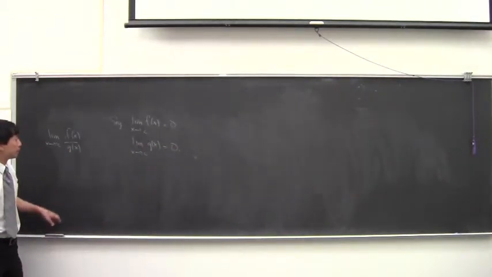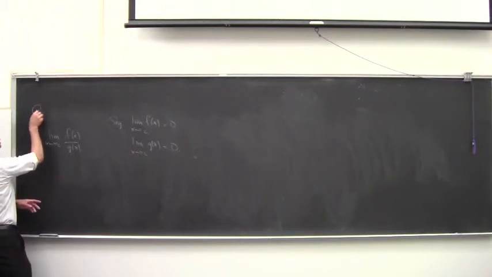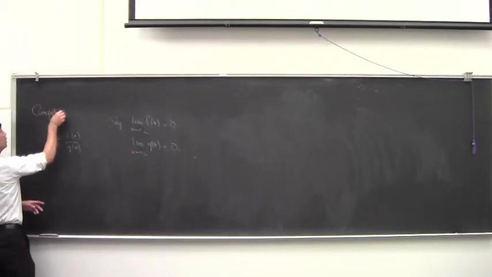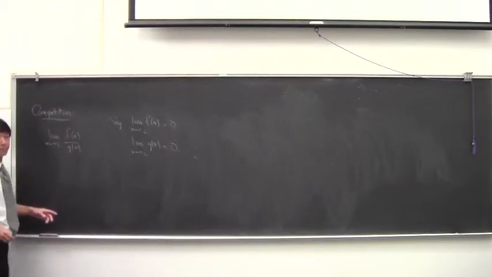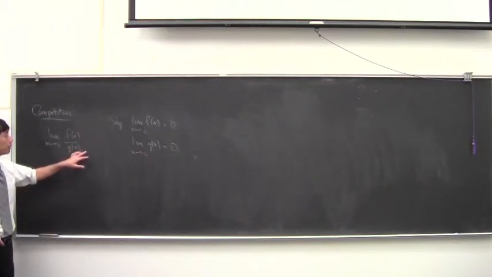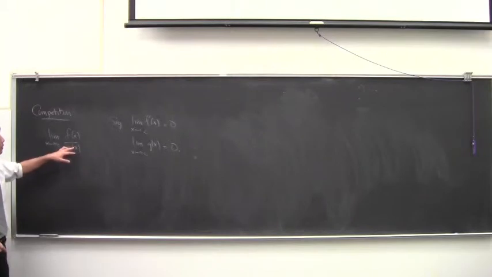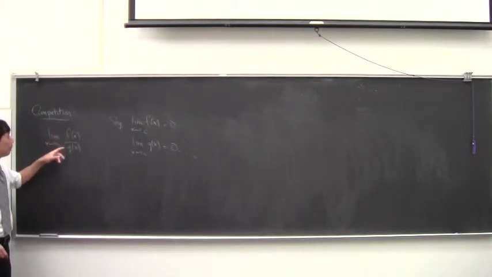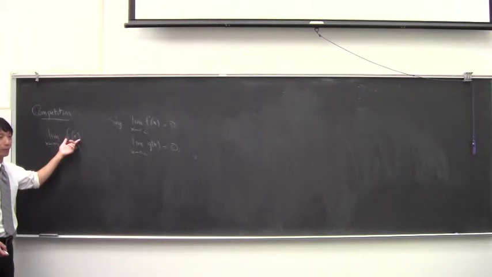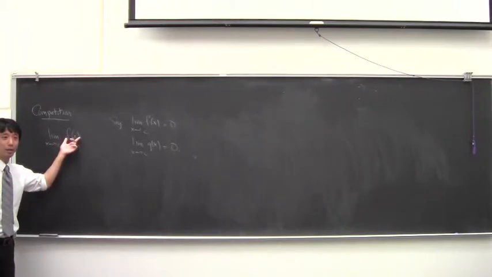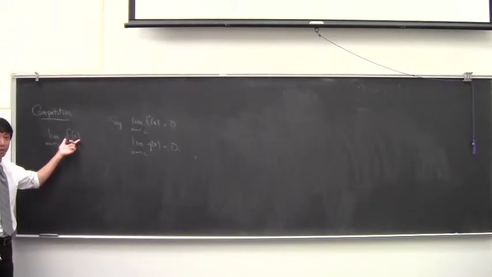So, competition. You're looking at the limit of this ratio. What would happen if I let f of x go first? I say you get to go first, f of x. You get to take your limit first. Then what would happen?